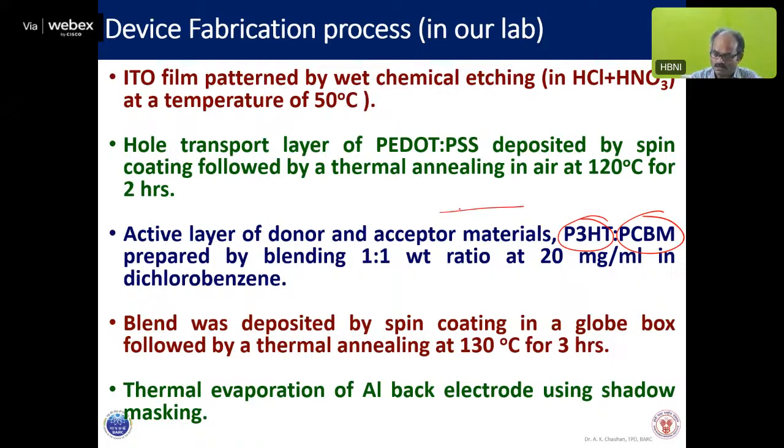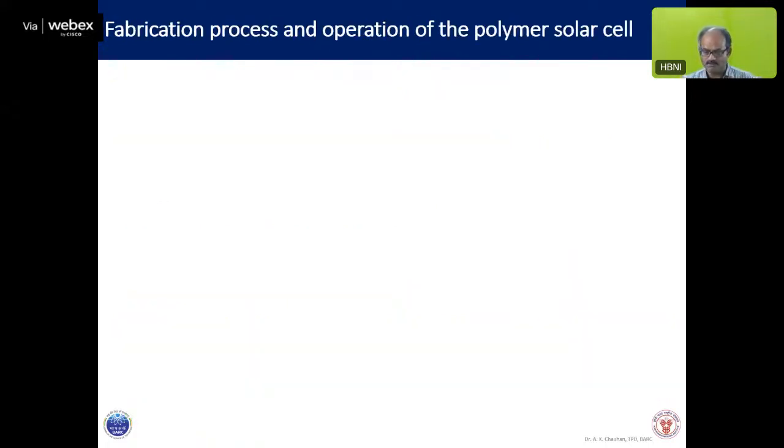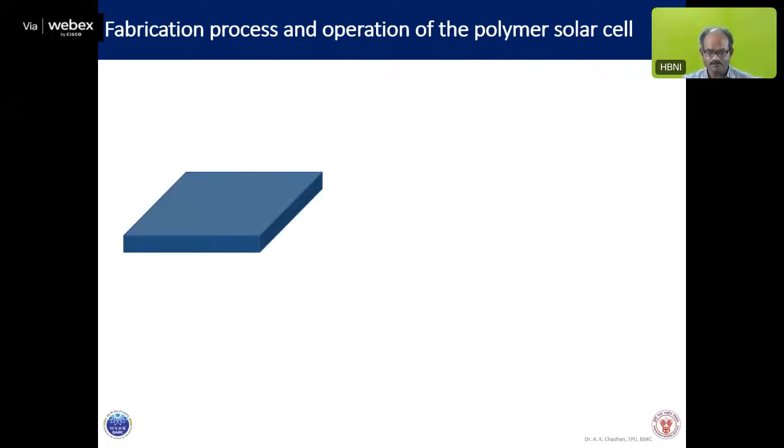So you have ITO, over that you deposit the hole transport layer by spin casting, then you deposit this blend. After that you deposit a very thin lithium fluoride layer, that is the electron transporting layer, and then aluminum electrodes over that by thermal evaporation. I will try to explain the same thing through an animation also.